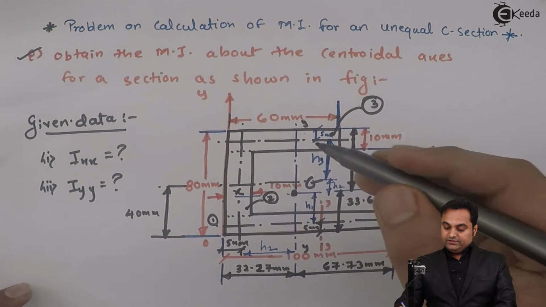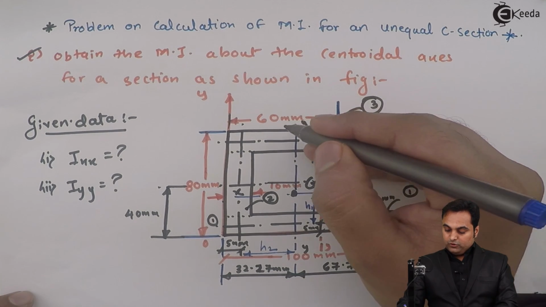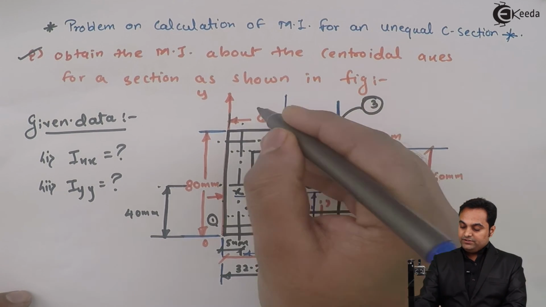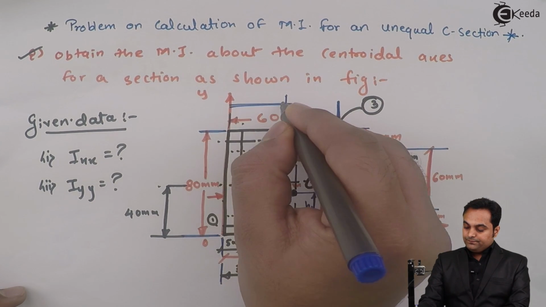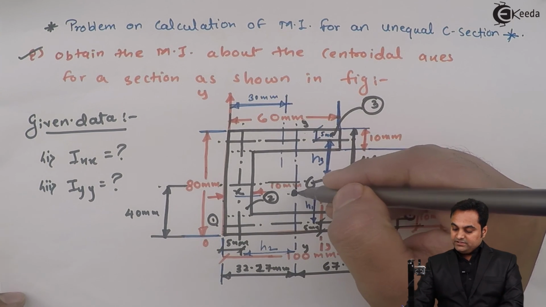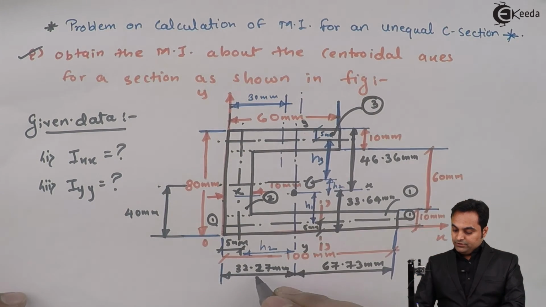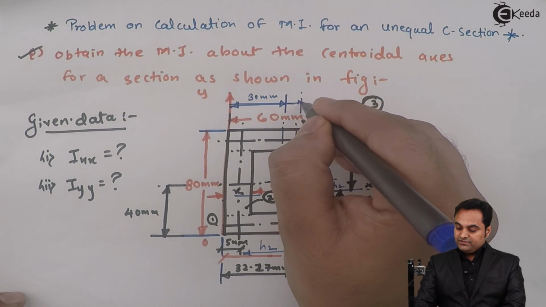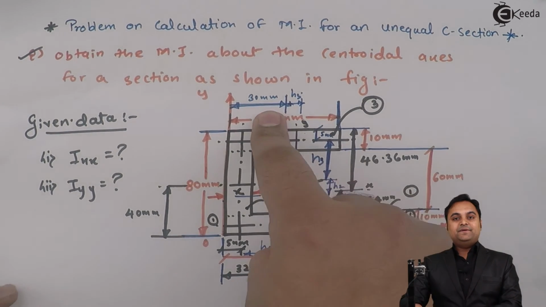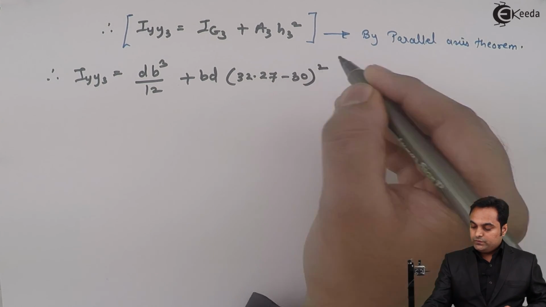If we look at the third rectangle, its own y-axis will be located at a distance of half of 60, that is 30 mm, but the y-axis for complete section is at 32.27 mm, so there is this difference which is called H3. So H3 is 32.27 minus 30 square.